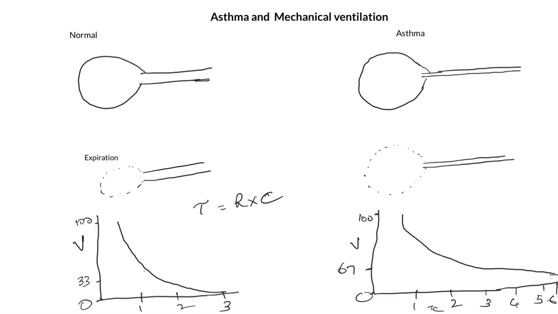In asthma, you need a lot more time, and it may even be 6 or 9 time constants. Essentially, you need a lot of time for expiration.